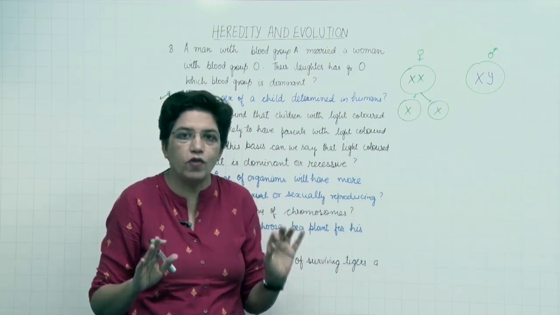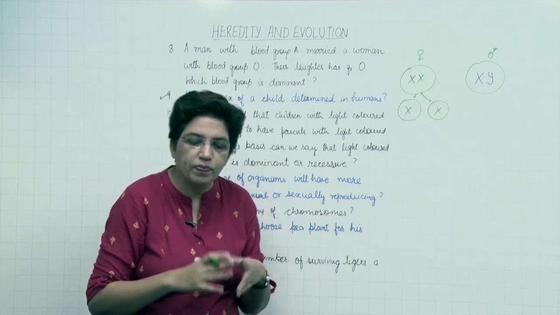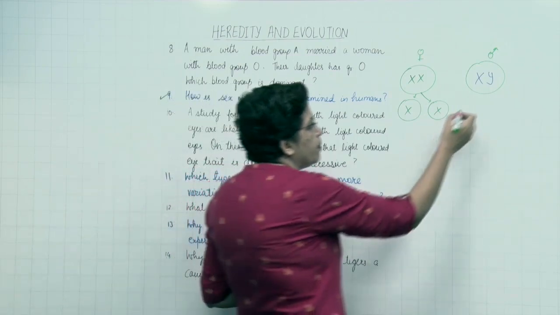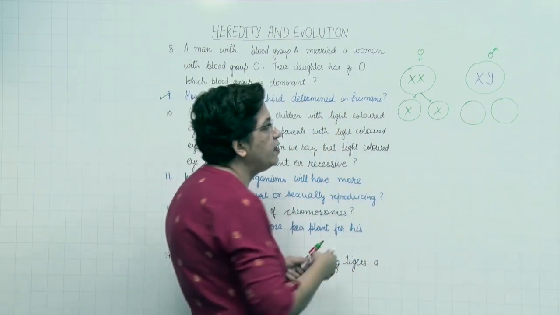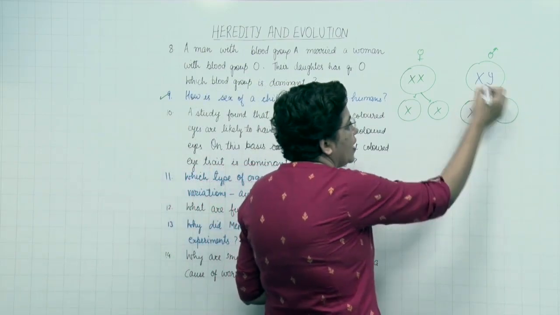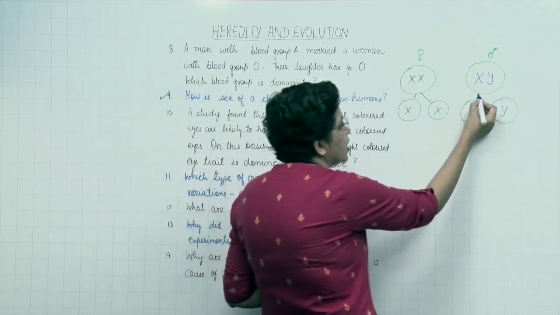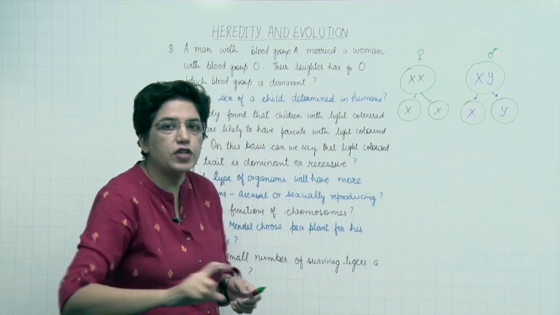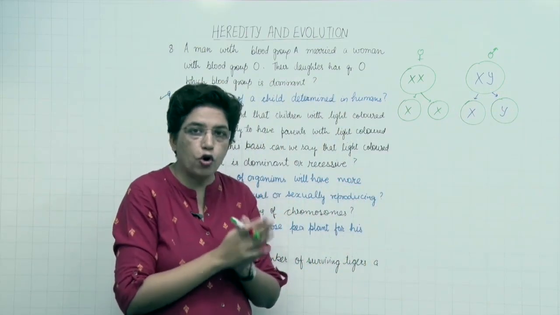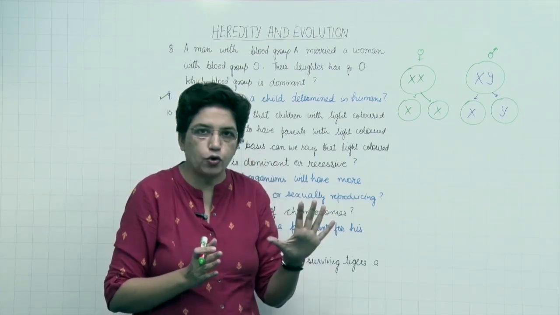So, all the ova or the female gametes have X chromosome. But in case of males, what will happen? Half the gametes will have X chromosome while the other half will have the Y chromosome. So, these are 50-50% chances. So, 50% of the sperms formed will have X chromosome, the other 50% will have Y chromosome.